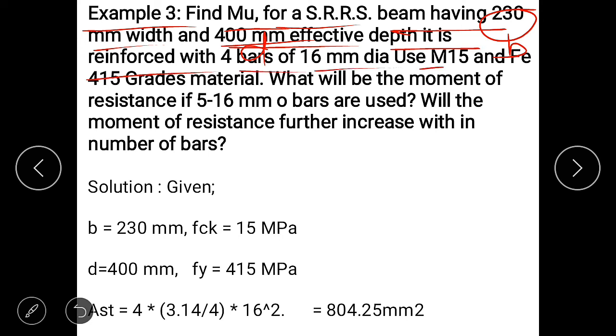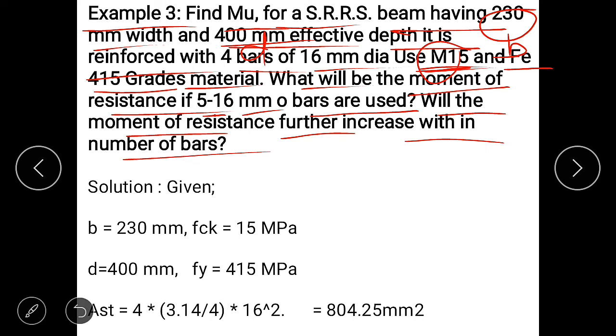Use M15, so FCK is 15, and Fe415 grade steel, so Fy is 415. What will be the moment of resistance? We have to find Mu. If 5 bars of 16 mm diameter are used for AST, will the moment of resistance increase further with the number of bars?